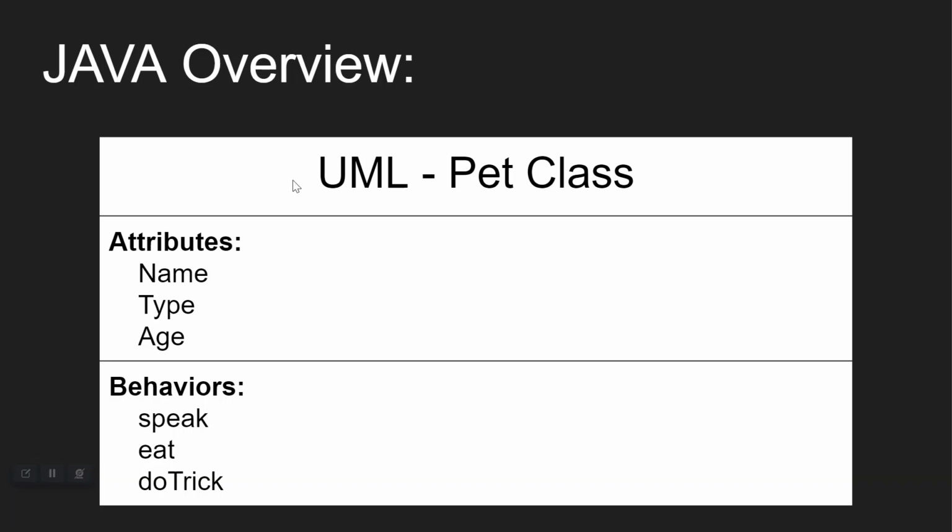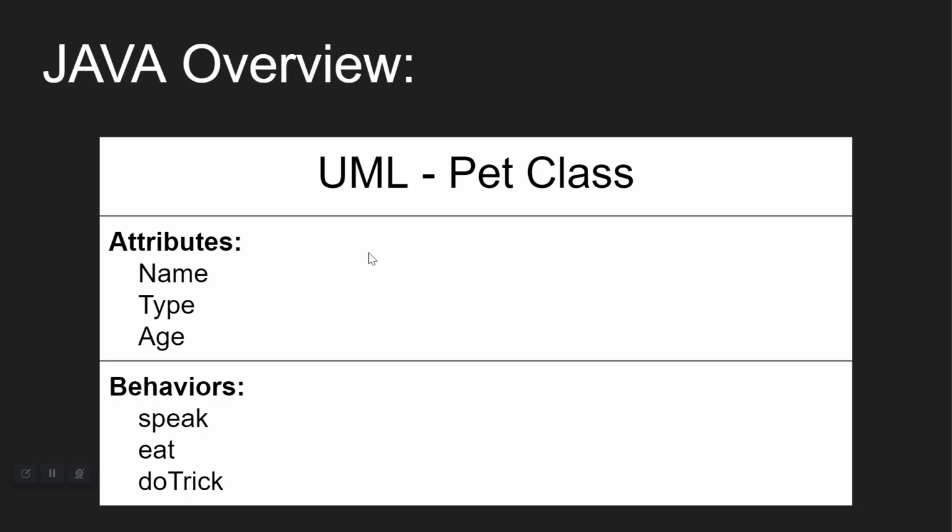Now, anytime we're going to write a class, we're going to use what's called a UML, which is a way of representing what the class needs to have in it in order for it to do what we want it to do. This is a common design that people use when they're working in Java and they know they need to create a class. It's very common to do a UML diagram.